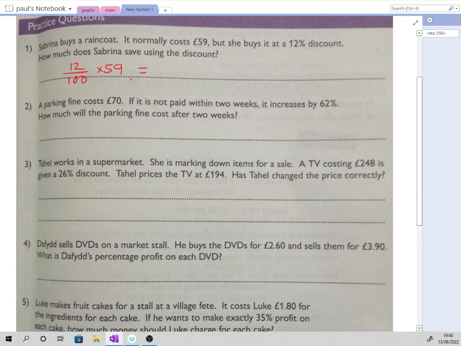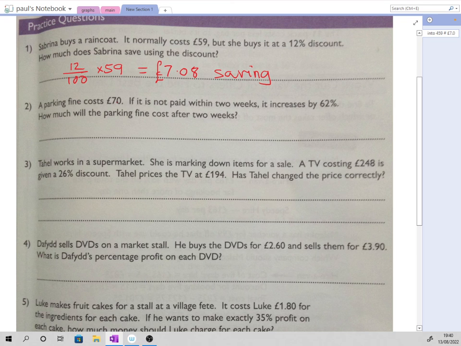So 12 divided by 100 times 59 is 7.08. £7 and 8p. That's the saving, isn't it? How much does Sabrina save? We're not asked to work out the new price, it's just the saving.